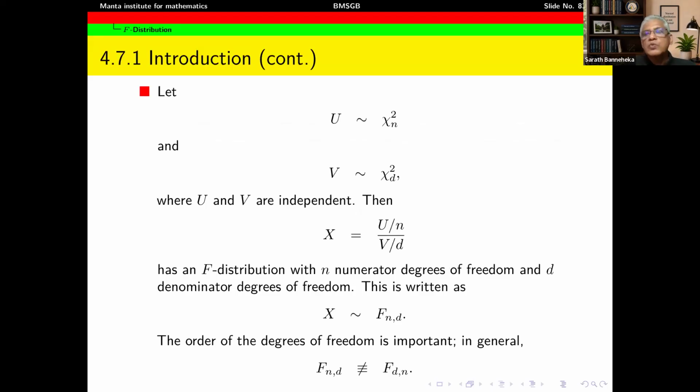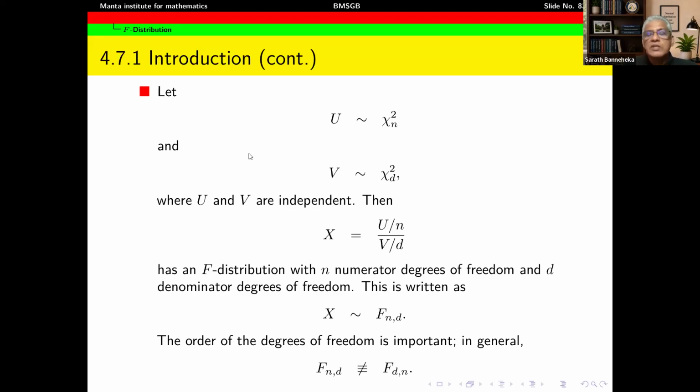Now let us see how an F distribution arises naturally in practice. Suppose you have a chi-square random variable denoted by U, and suppose it has a chi-square N distribution. And also suppose there is another random variable V, which has a chi-square D distribution.